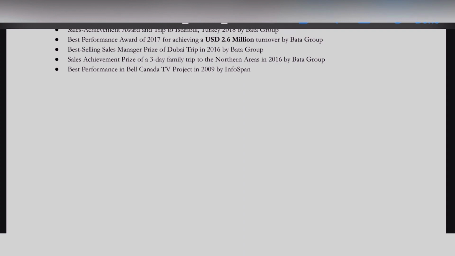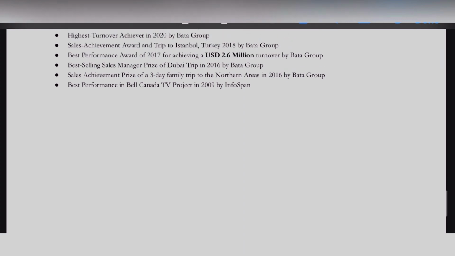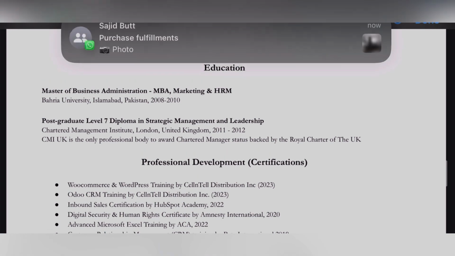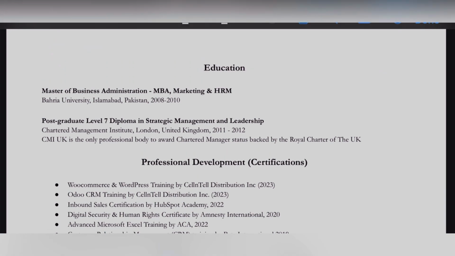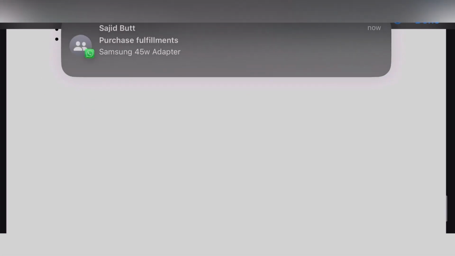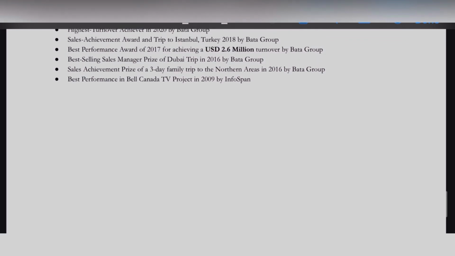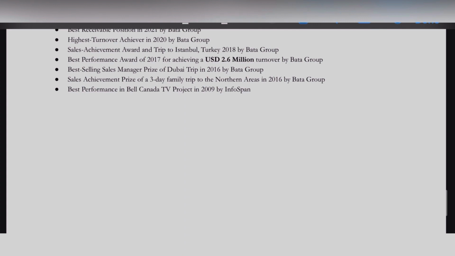Because many companies, especially sales, they need people who are bilingual, who are capable of speaking or communicating with people in different languages. So if you know Spanish, if you know Tamil, if you know any of these languages, you should put a small section in your resume, not very long, just a small section, and include that.